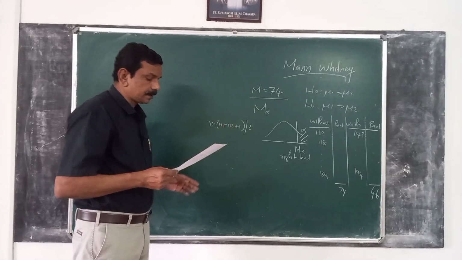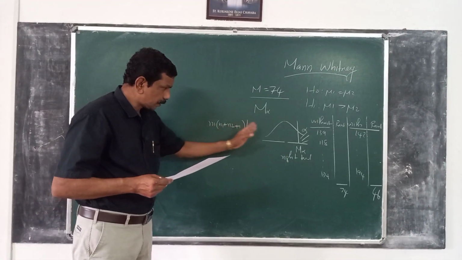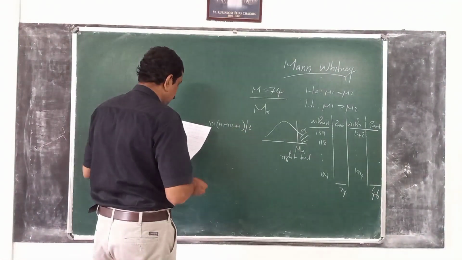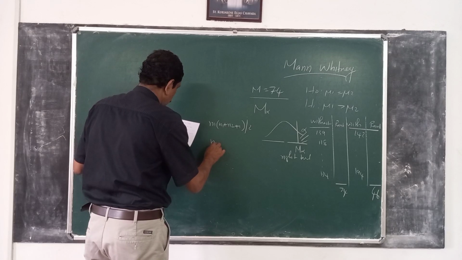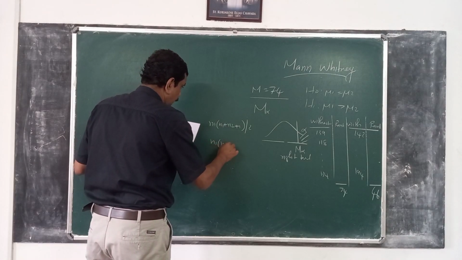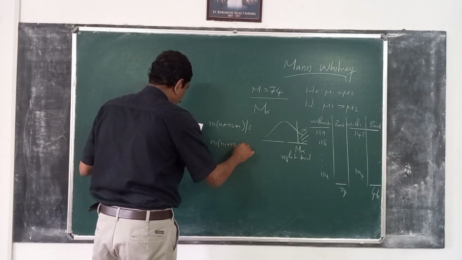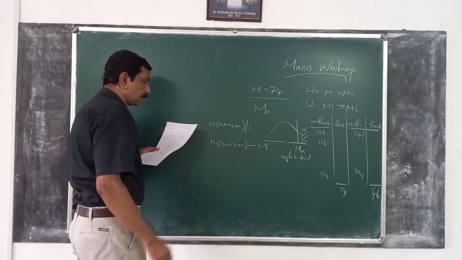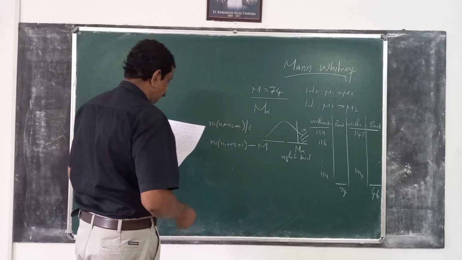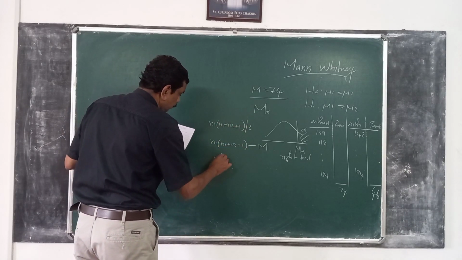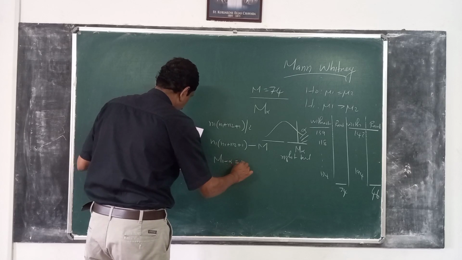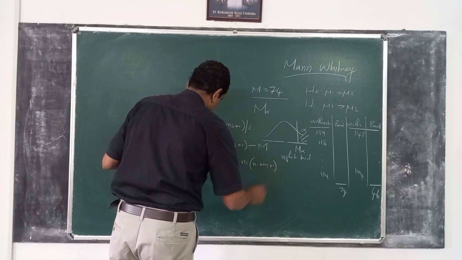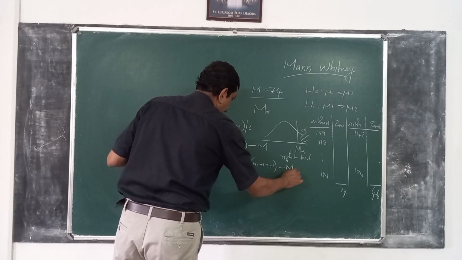So it follows that the M value that has an area alpha to the right equals n1 into n1 plus n2 plus 1 minus the M value that has area alpha to the left. So, M 1 minus alpha is equal to n1 into n1 plus n2 plus 1 minus M alpha.